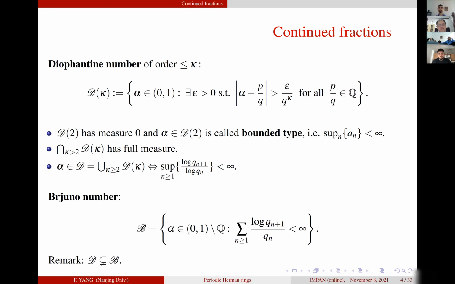And the Brjuno number is defined as all alpha such that the sum of log q_{n+1} over q_n is convergent. And there is a very simple fact. Every Diophantine number is Brjuno. So if the irrational number satisfies this condition, then it is very easy to check it must satisfy this condition.